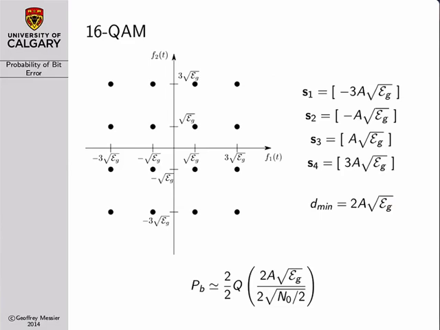The third type of modulation scheme we're going to consider is 16 QAM. And here's a constellation diagram for 16 QAM. And it is obviously a lot more complicated than QPSK and BPSK. But with a square QAM constellation, you can actually make a quick approximation that really simplifies your probability of error derivation.